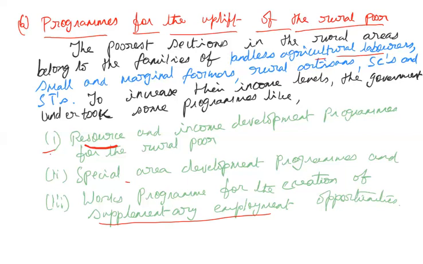Since agriculture is not giving them income throughout the year, these are the programs directly uplifting the rural poor. Then the last one, taxation. The Indian taxation system is progressive in nature.